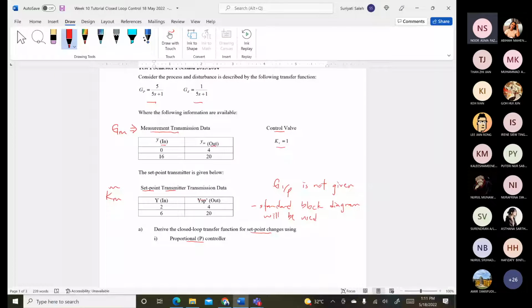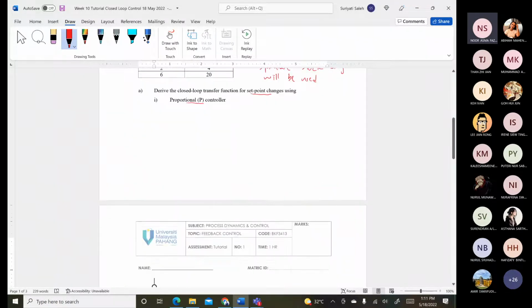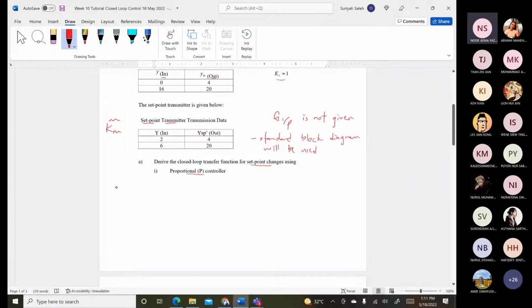When you have the standard block diagram, the default equation will be y prime s over y prime SPS equal to Km bar GC GV GP divided by 1 plus GM GC GV GP. So this is the standard closed loop transfer function for set point changes.